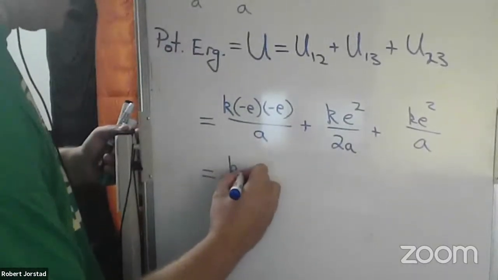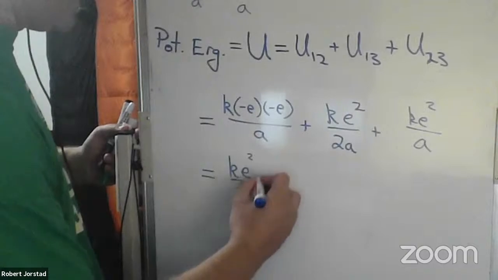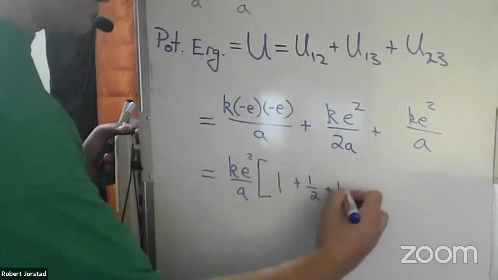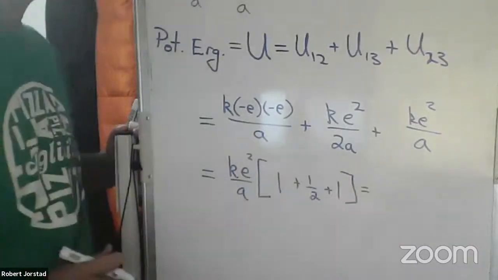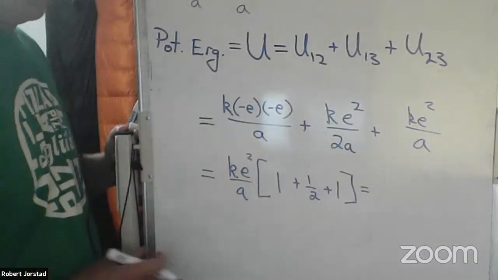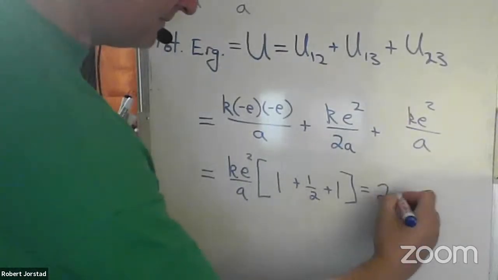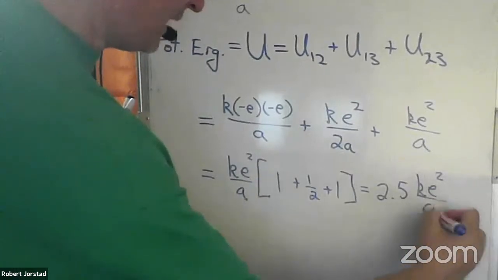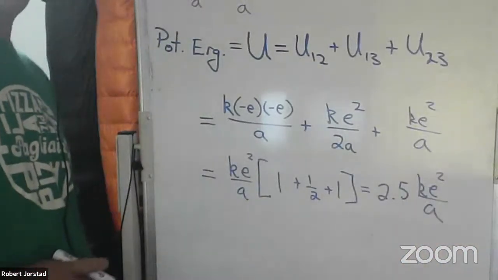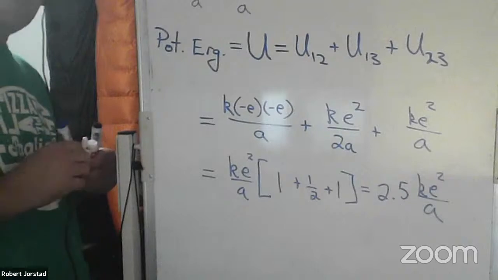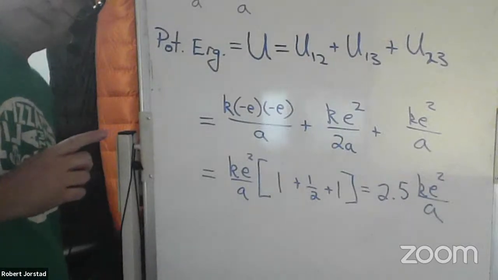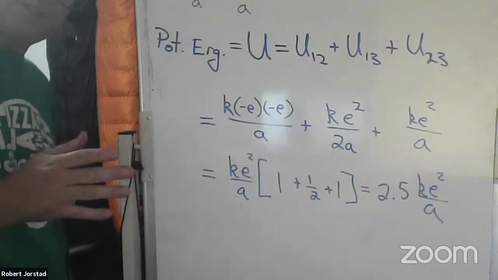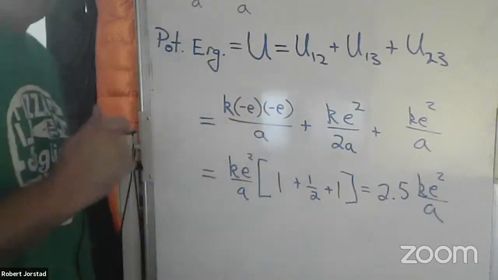If we add all this up, what do we get? There's going to be K e squared upon A times 1 plus a half plus 1. Well, that's 2.5. I should pause for a second. Is everybody okay? That's how I could get the initial potential energy. Instead of doing KQ over r for point charges, that's voltage, we have to do KQQ over r.